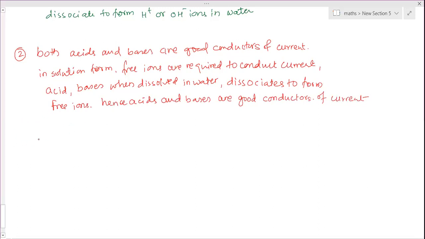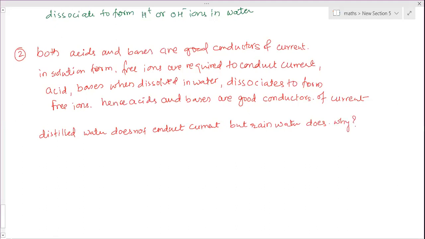Based on this, a question is asked. Distilled water does not conduct current, but rainwater does. Give reason.